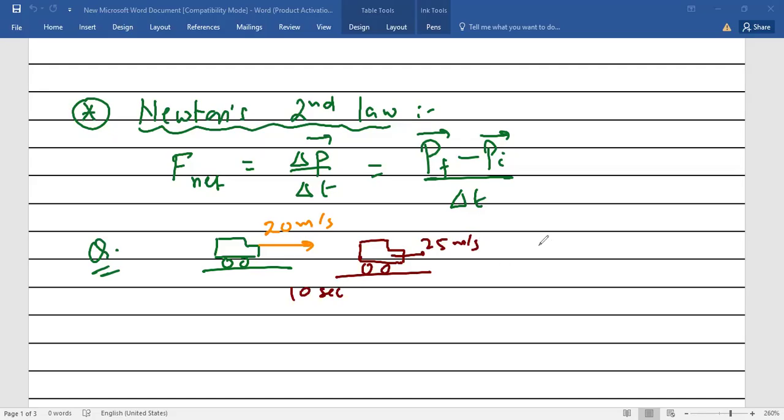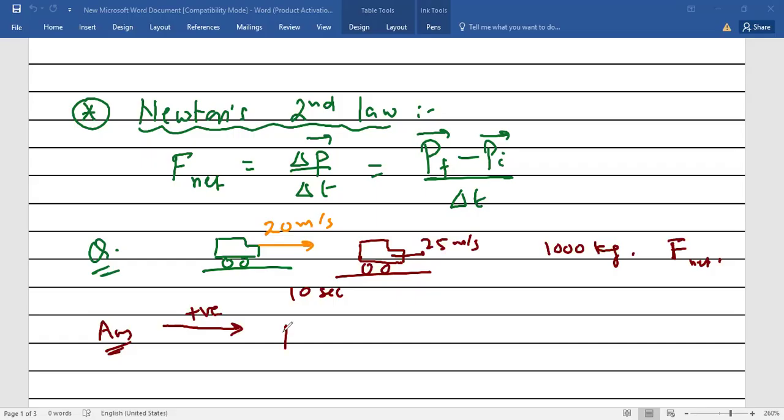Now if the mass of the car is 1000 kg, then what is the force of the engine? What is the net force acting on the car? So here we have to assign the direction. So what we can do is, let us take right side direction as positive.